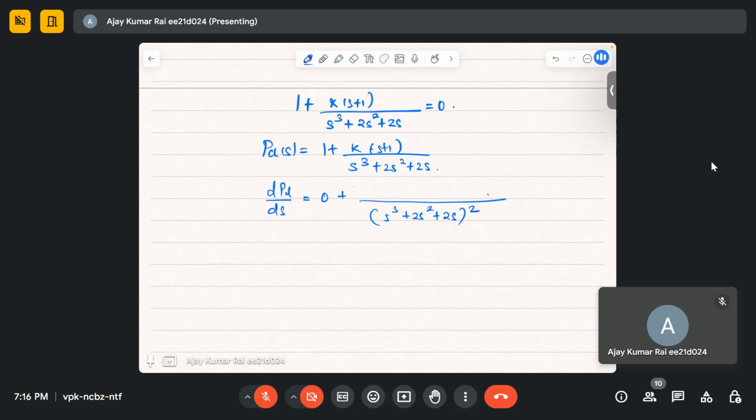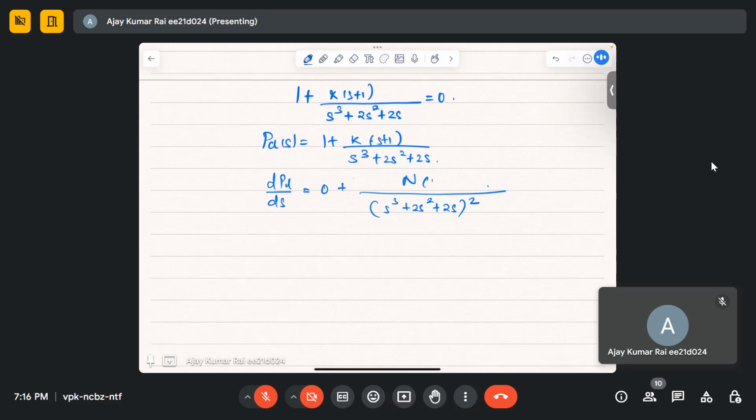Basically we have to put the numerator equal to 0. So you'll get some numerator, I'm writing that separately. N(s) will be equal to K into (s cube plus 2s square plus 2s), minus K into (s plus 1).